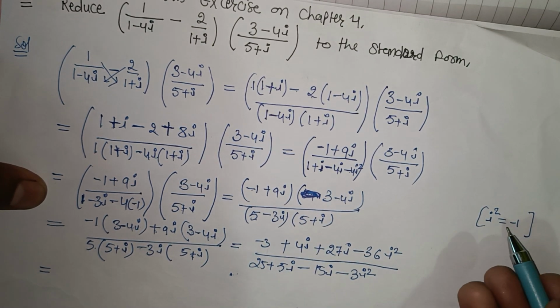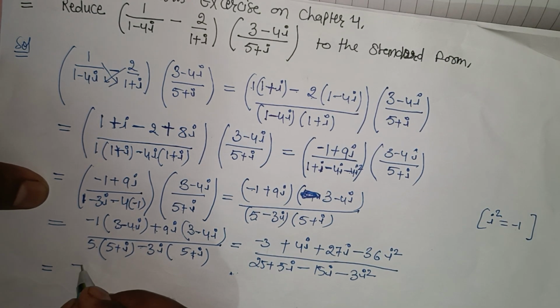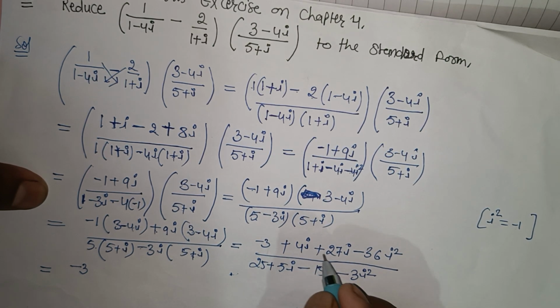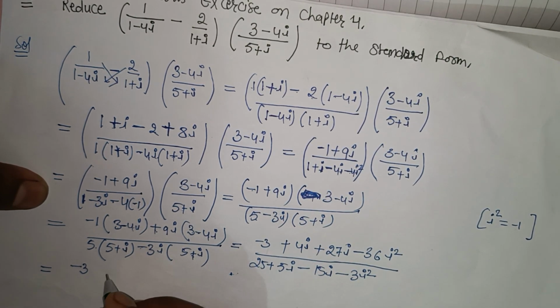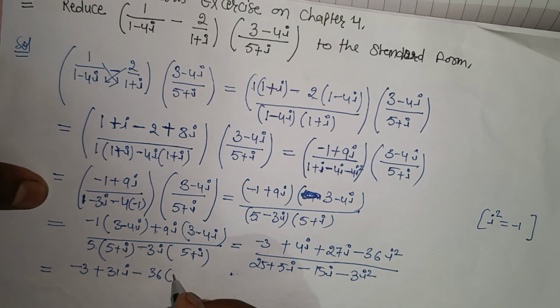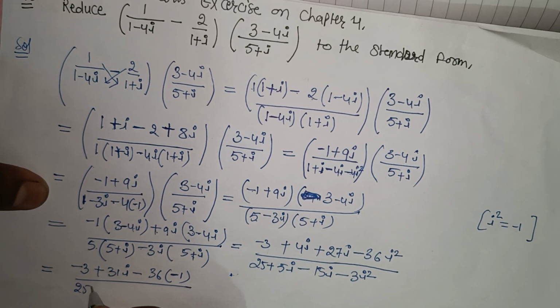Now we put the value of iota square, which is minus 1, and simplify. Minus 3, and the like terms: 4 iota plus 27 iota becomes 31 iota, and minus 36 into iota square, which is minus 1.